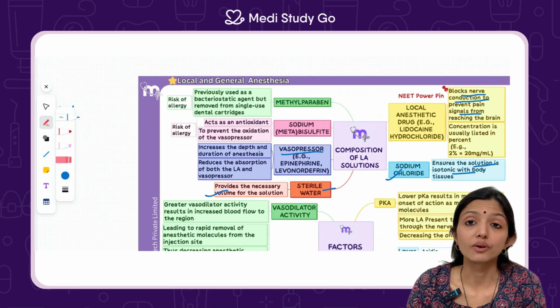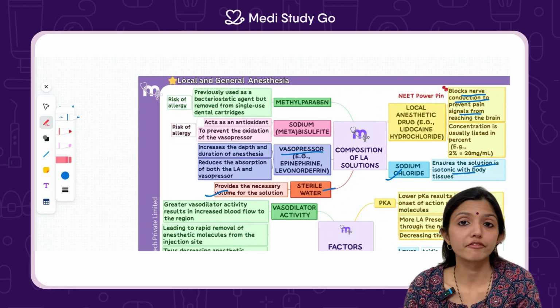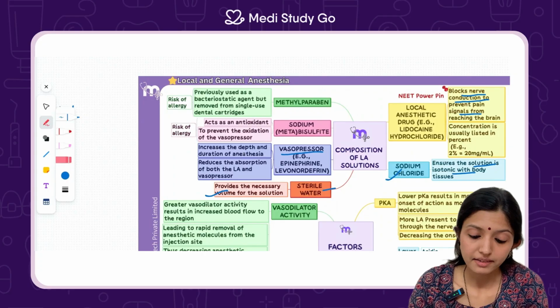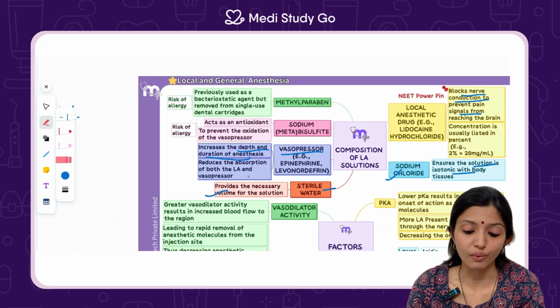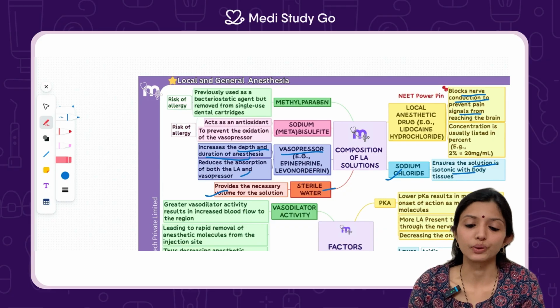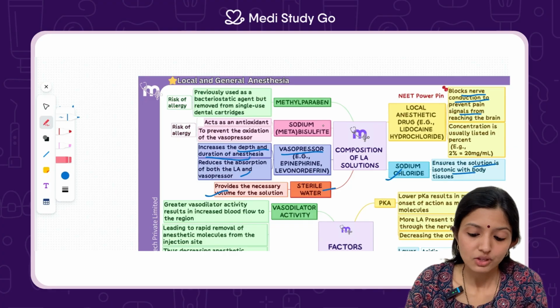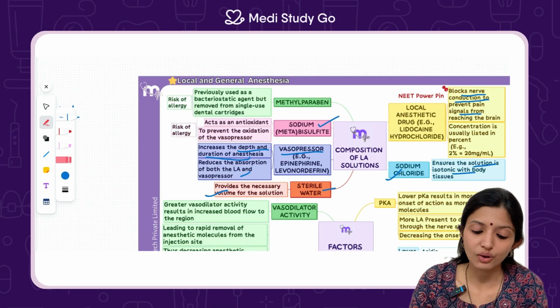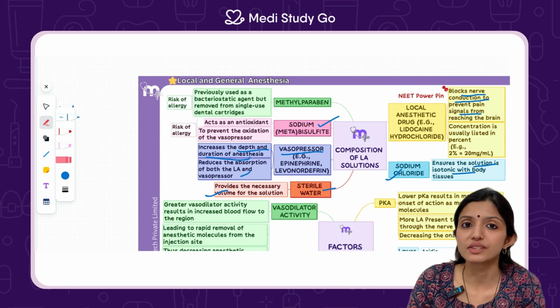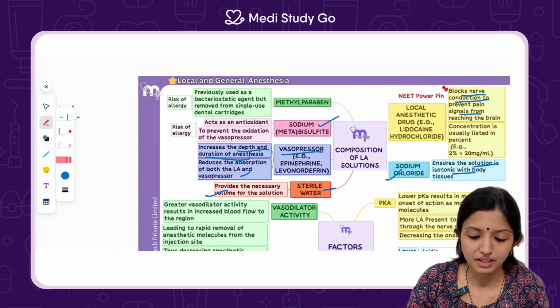A vasopressor or a vasoconstrictor like epinephrine, adrenaline, so that it increases the depth and duration of anesthesia, as well as it reduces the absorption of both LA and vasopressor, and it increases the duration of action. Sodium metabisulfite, as I have already explained, acts as an antioxidant to prevent the oxidation of your vasoconstrictor.